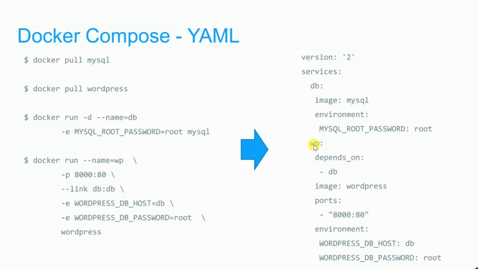The WordPress container depends on the DB. In the previous slide we learned this as a link. If you check --link, it depends on the DB. The image is WordPress. Then we have the ports 8000 and 80, and then the environment variables, WordPress DB host DB and WordPress DB password root. So all 4 commands are linked within a single YAML file.